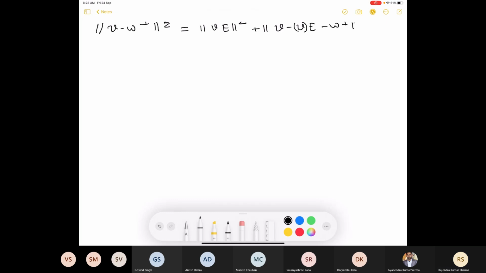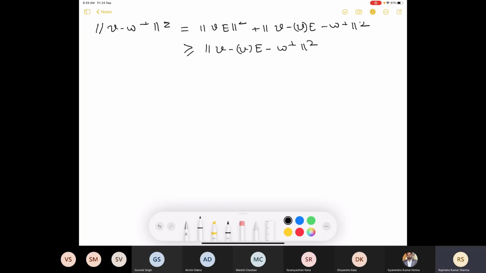minus square. This is greater or equal to, naturally, norm is non-negative, so this is greater or equal to the norm of V minus VE minus orthogonal square.